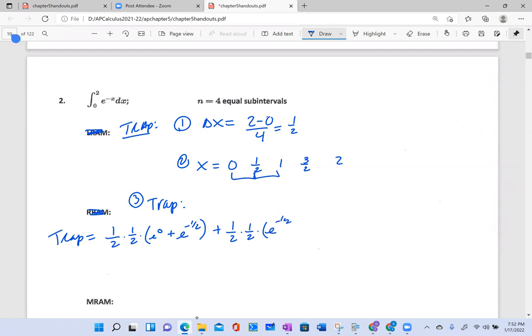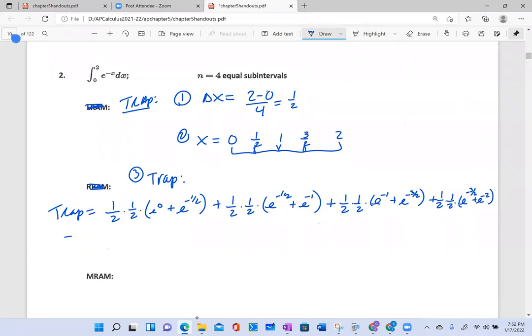So it's e to the negative 1/2 plus e to the negative first, plus 1/2 times 1/2 times e to the negative first plus e to the negative 3 halves, plus 1/2 times 1/2 times e to the negative 3 halves plus e to the negative second. And as we suspected, we will have only one of these appear, but we should have 2 of these and 2 of these.